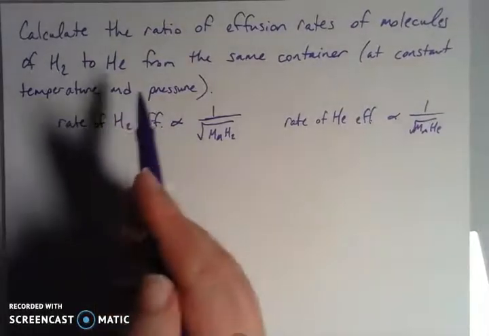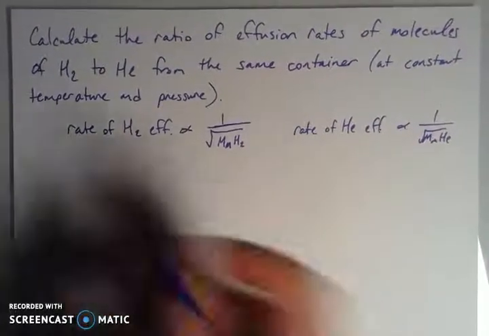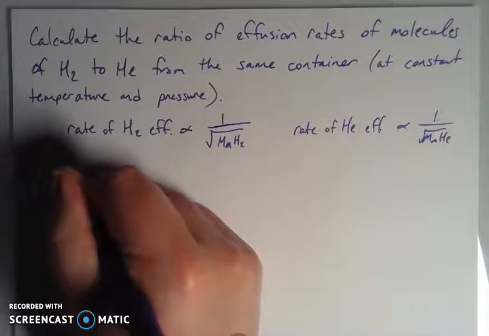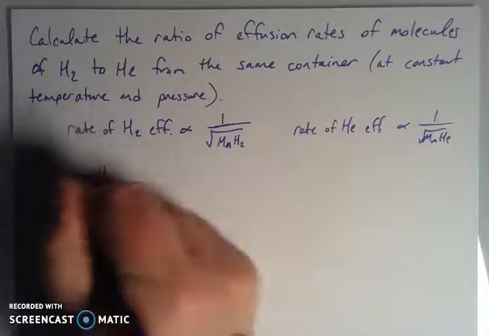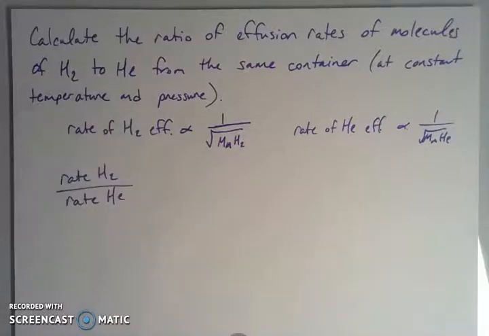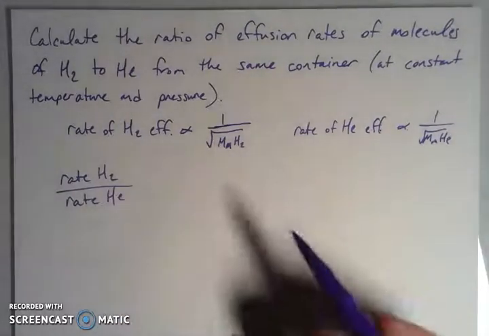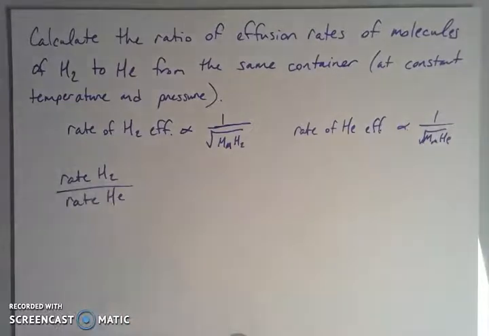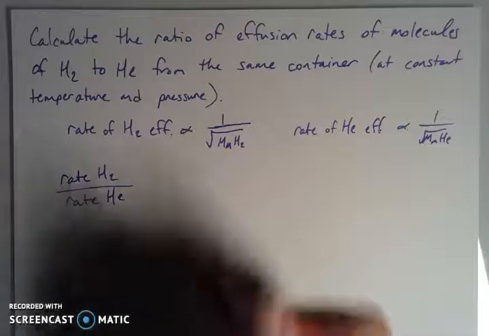So if we want to calculate the ratio of effusion rates, then I would say, well, let's look at the rate of H2 compared to the rate of helium. And since these are proportional and we're talking about ratios here, then the proportionalities are also going to be equivalent.